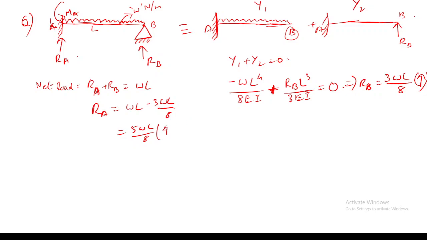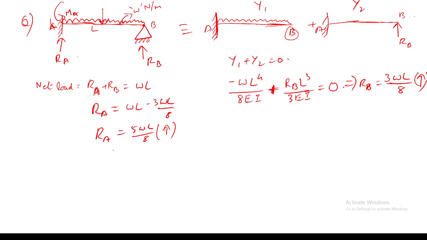And from this, you can easily find out the moment. For example, if I find the moment at A, it is RB into L and W into L acting at its center.